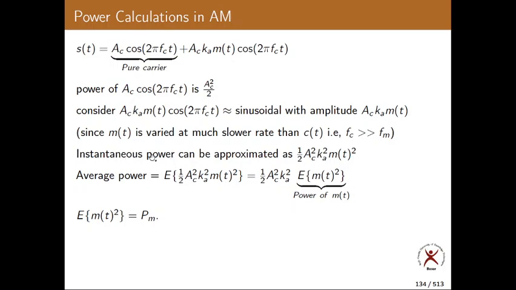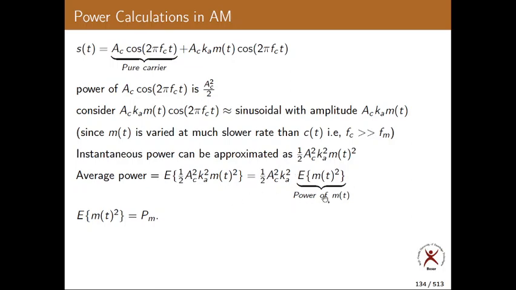Now the instantaneous power of that signal will be 1/2 Ac² Ka² m(t) whole squared. This is instantaneous power. Let us calculate average power, which is nothing but taking the expectation of the whole term. In this term m(t) is the only thing that is varying, so the rest are constants and we can keep them outside the expectation.